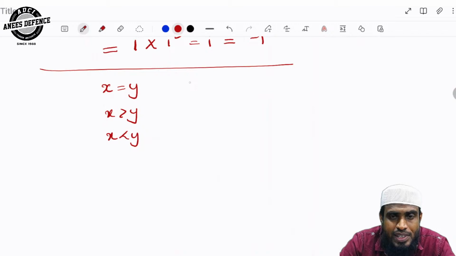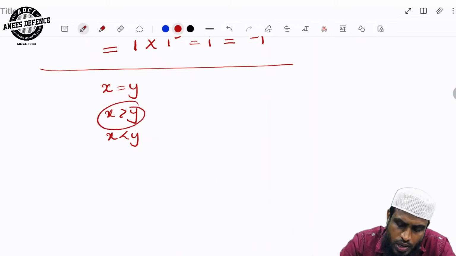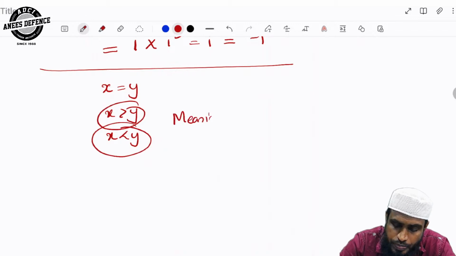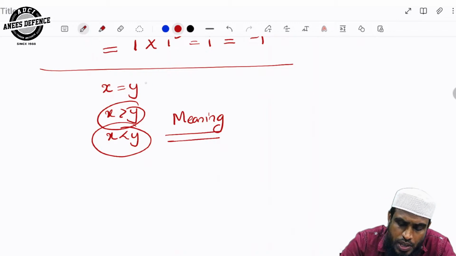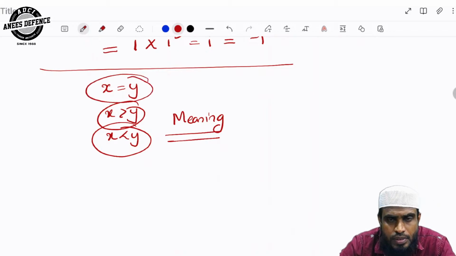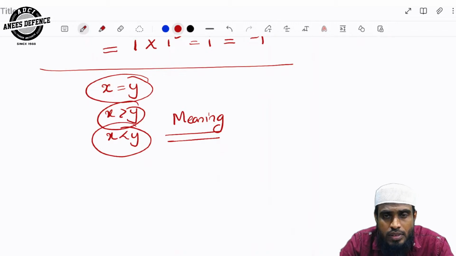But in the complex world, in the imaginary world, this greater than or less than has no meaning. In the complex world, we are discussing only equality, whether it is equal or not. That is only valid.